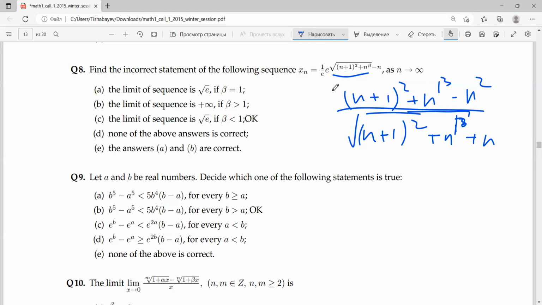So here you can see it is e to the power, as n tends to infinity, if beta is greater than 1, it tends to infinity. Do you agree with me? Why does it tend to infinity?